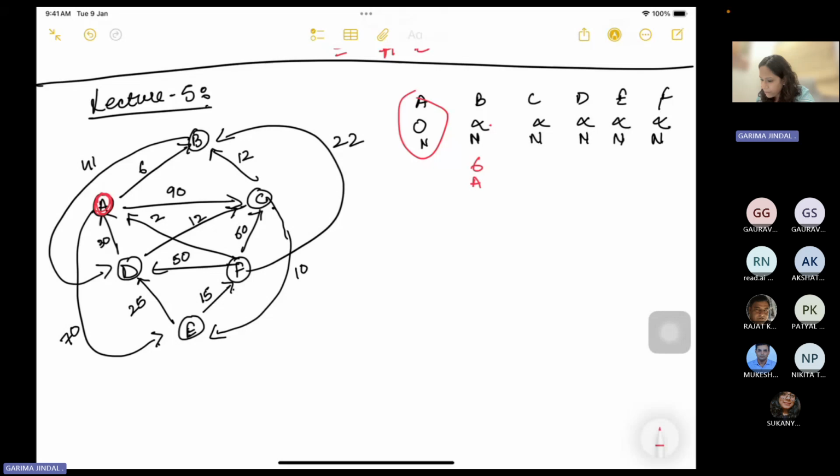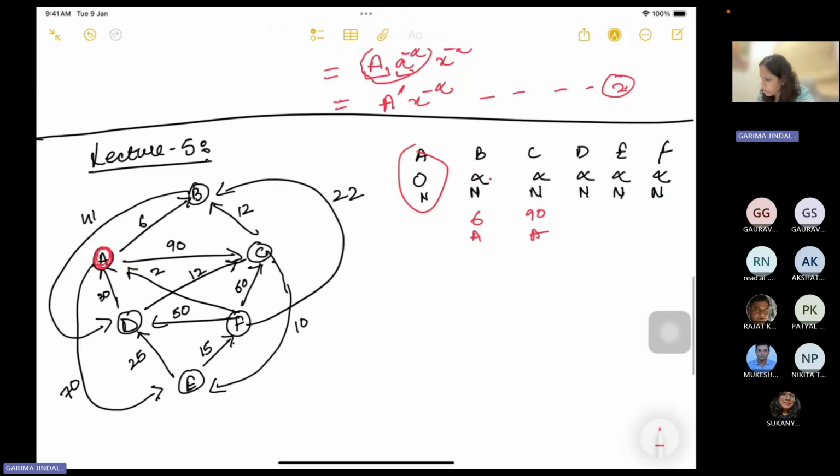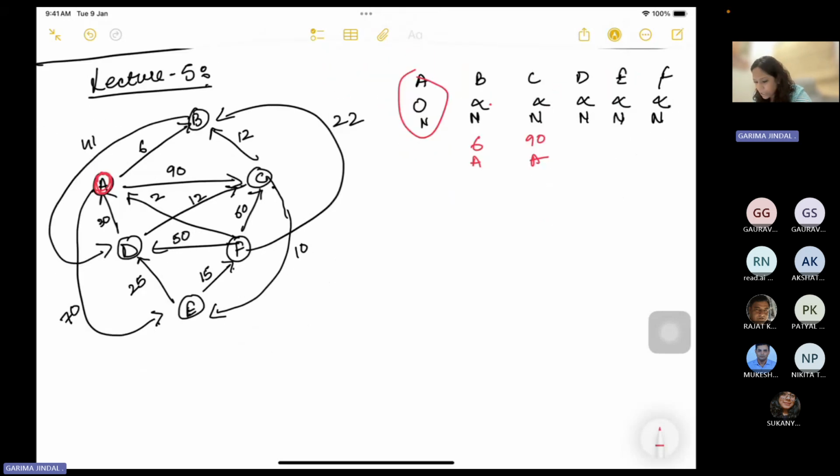Next we see which other nodes can be visited. C can be reached, and we update the distance to 90. E can be reached, and the cost is 70. So this is the cost function at the second step.